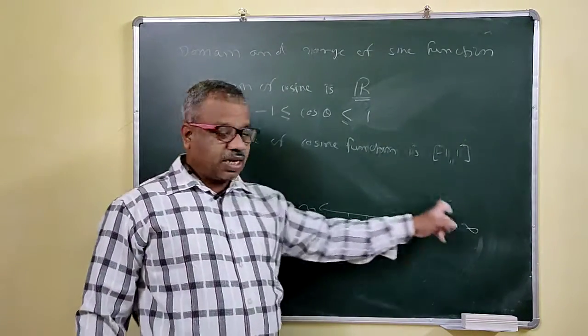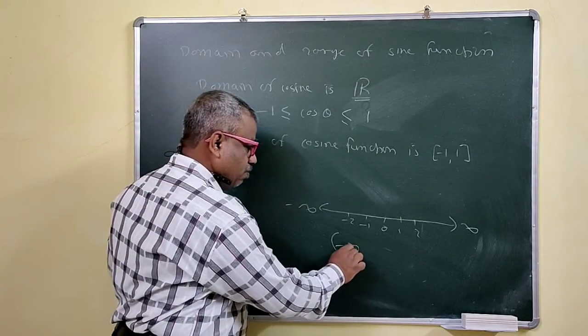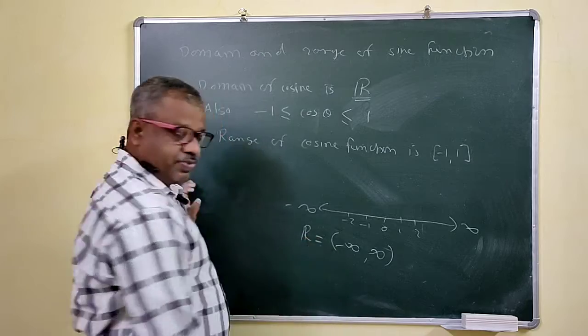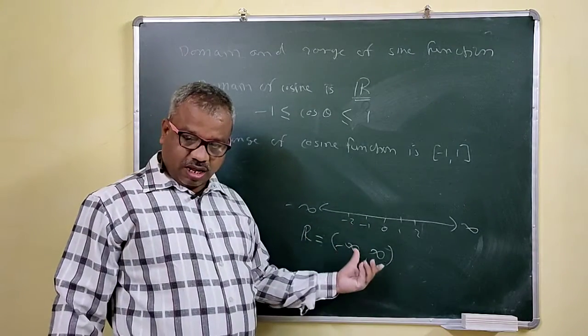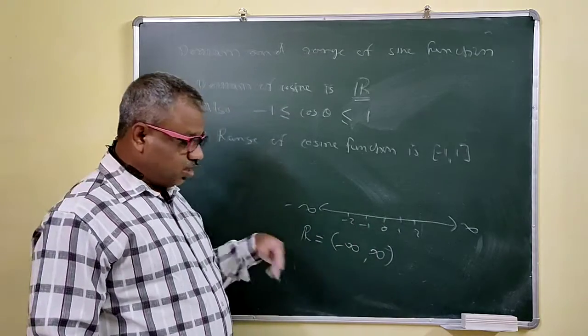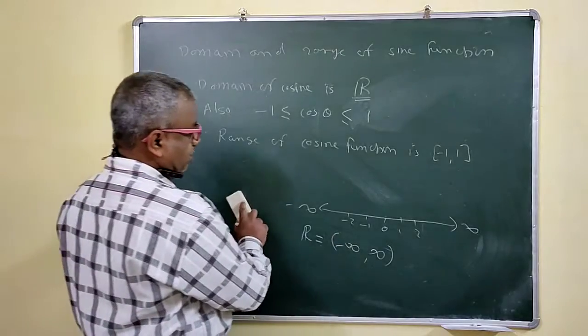Note that minus infinity and infinity are not numbers. So this is called an open interval, minus infinity to infinity. This is nothing but the set of real numbers. It contains rational numbers, irrational numbers, natural numbers, integers. All types of numbers are there.